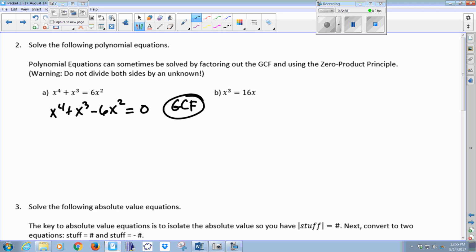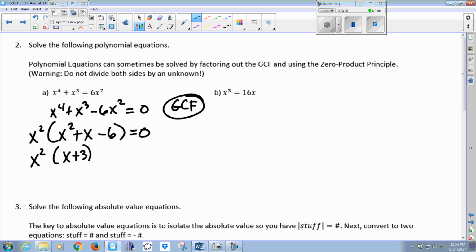All right, so I see x squared here as a common factor, and then when I pull the common factor out, I end up with this factoring problem where x squared is like my a, and this whole quantity here, x squared plus x minus 6 is like b, but I'm not done. I can keep factoring this.